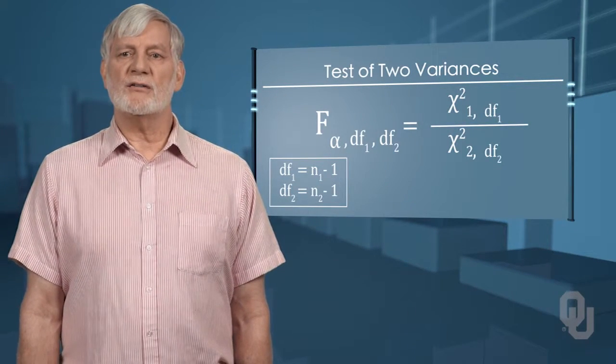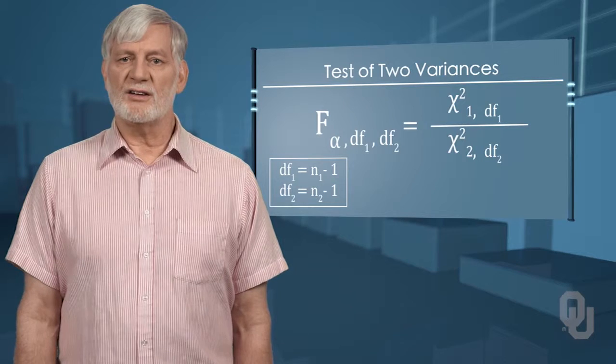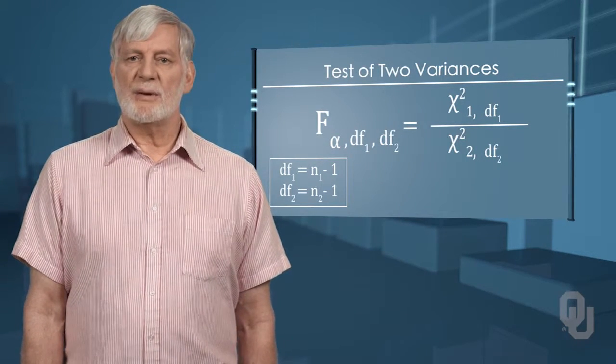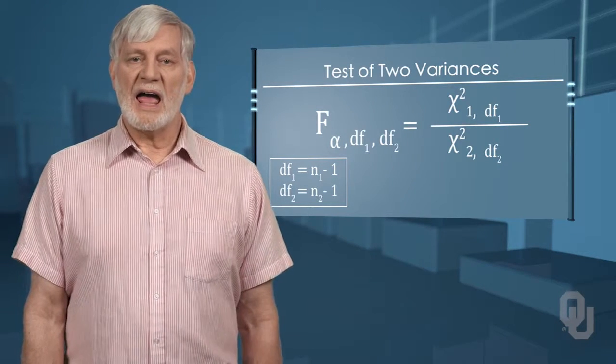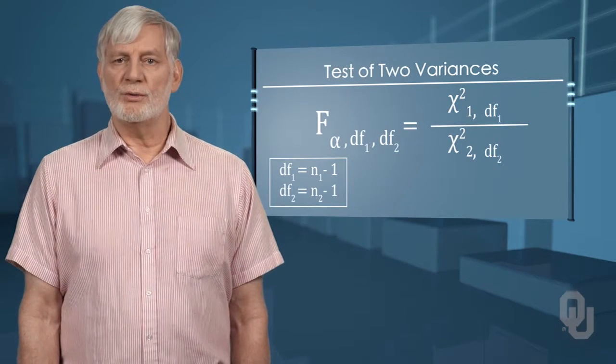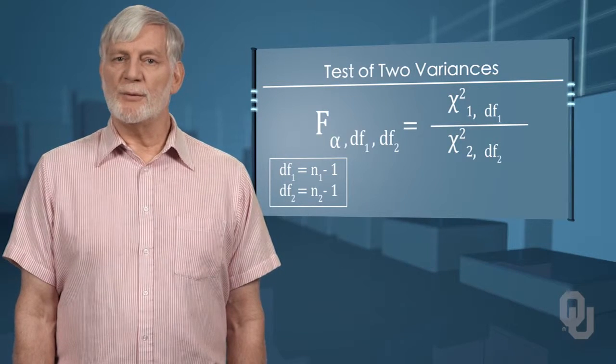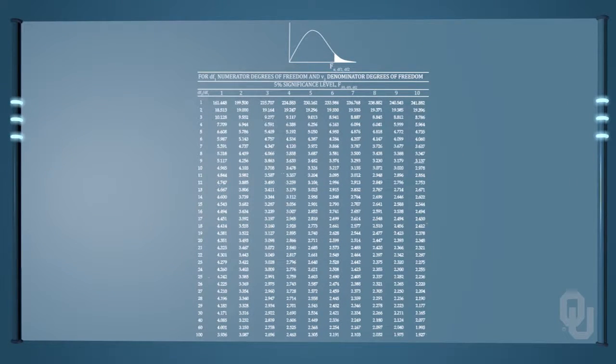To determine the critical values for our statistical test, we find F sub alpha, dF1, dF2, meaning degrees of freedom 1 and degrees of freedom 2, in the F distribution table. The two different degrees of freedom are one associated with the numerator, dF1, and one associated with the denominator, dF2.